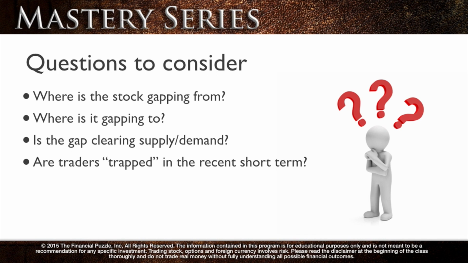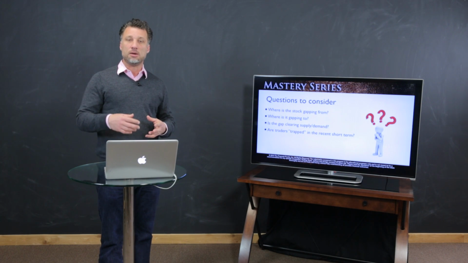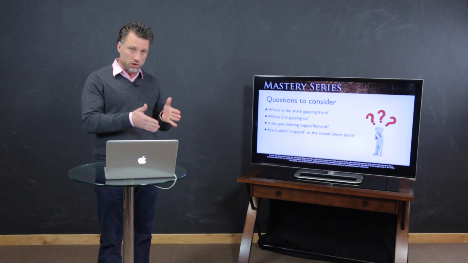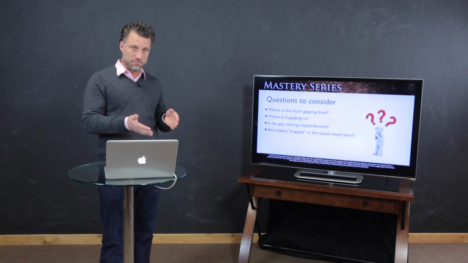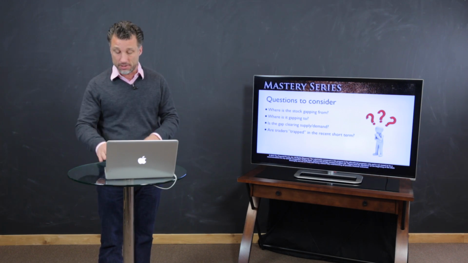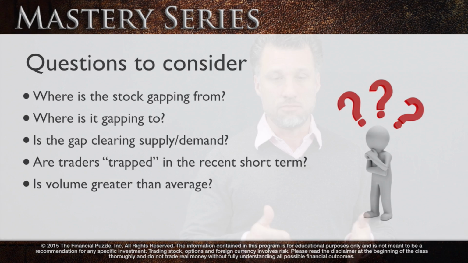Fourth question, are traders trapped in the most recent short term? I'm going to expand on all these in the next lesson, but it's another question we want to have an answer to: in the very short term, in the days, hours, week before the stock gapped, are traders trapped? Is volume greater than average? Again, volume equals money.